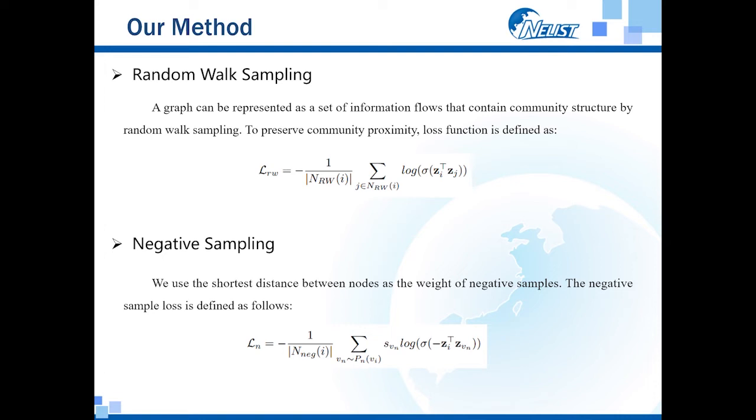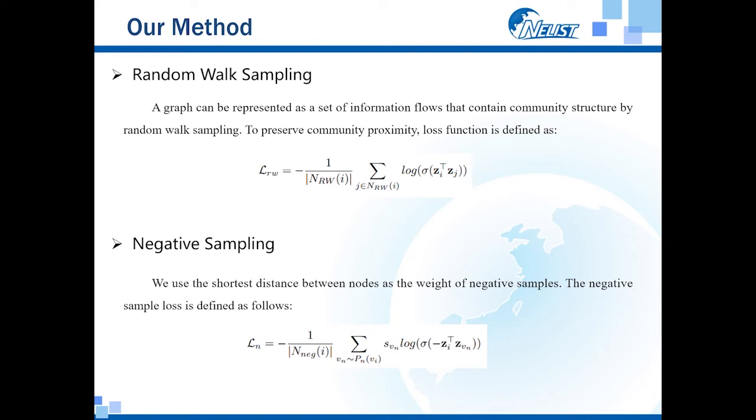Just like the nodes in the graph, if they are far apart, they should be thrown far away in the embedding space. So we use the shortest distance between nodes as the weight of the negative samples.